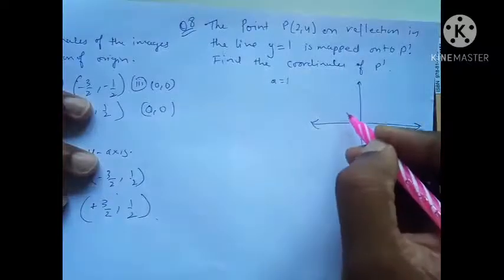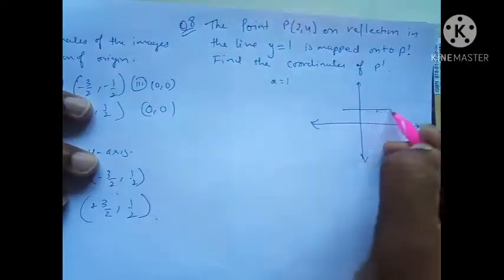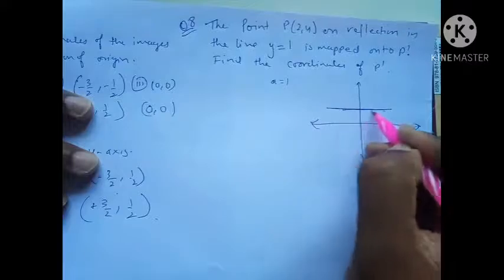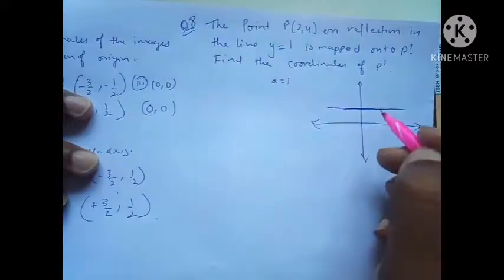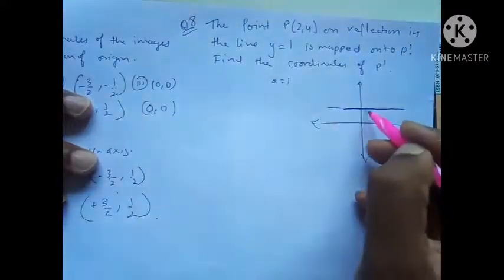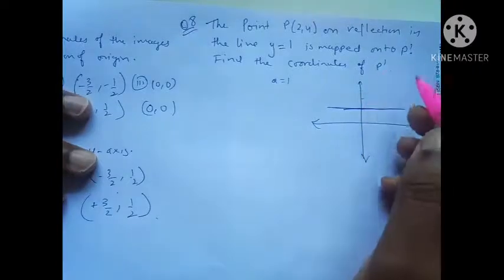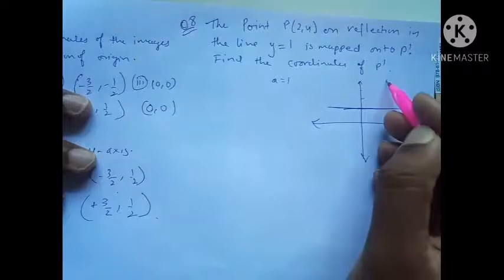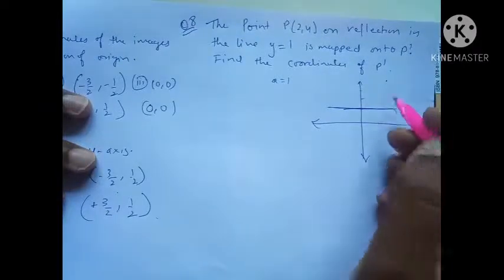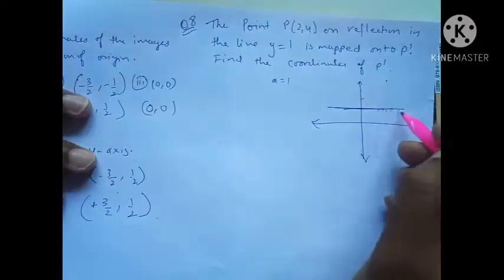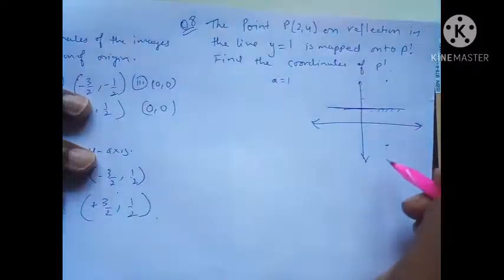Let's say y equals 1, the line is going to come somewhere here like this. This is the line that is going to be formed for y equals 1. If this is 1, this is 2, and this is 3, and so on. Now the point is somewhere here. I need to do the reflection according to this, and I need to know the answer.